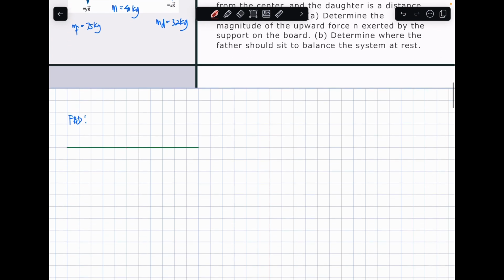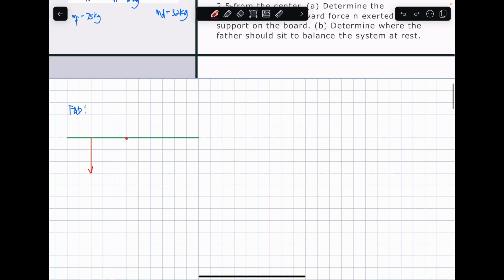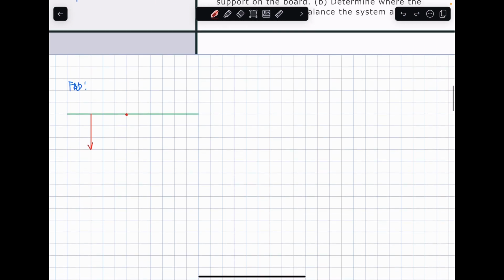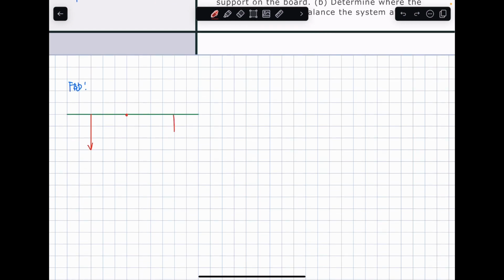This is the fulcrum, I'm just assuming. If we have the mass of the father, we can compute for the weight later on. And then we have the mass of the daughter.